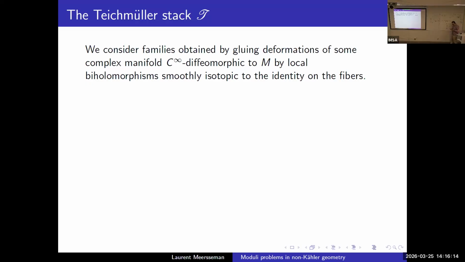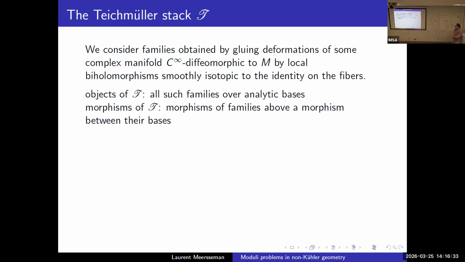Okay. When you take, well, you construct a category. These objects are all such families over any analytic base. The morphisms are just morphisms of families, above morphisms between the bases.